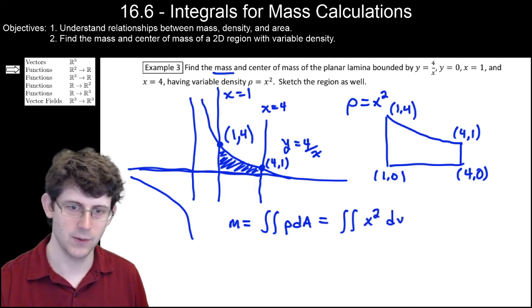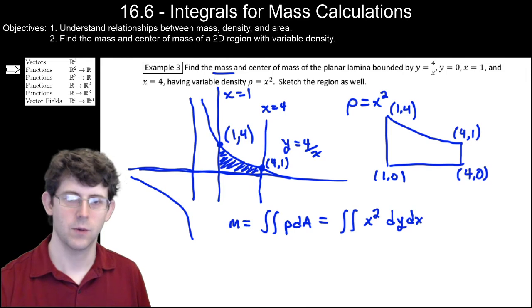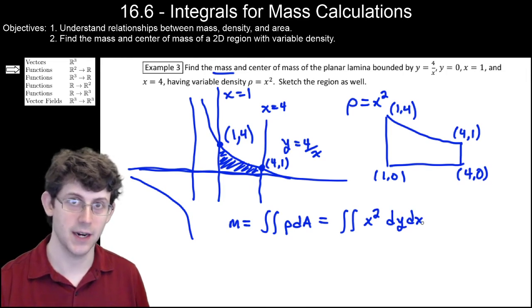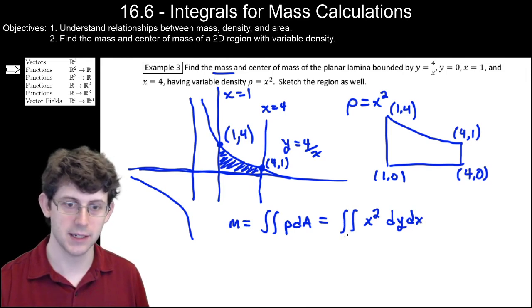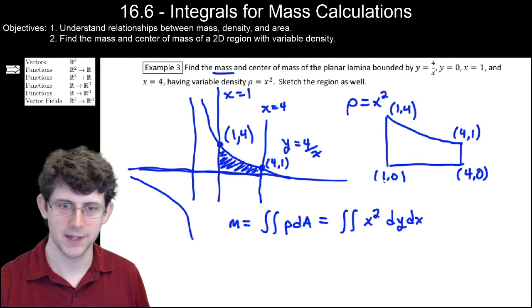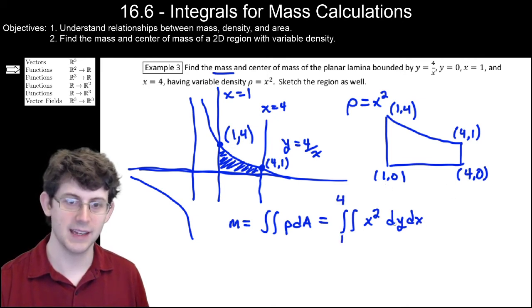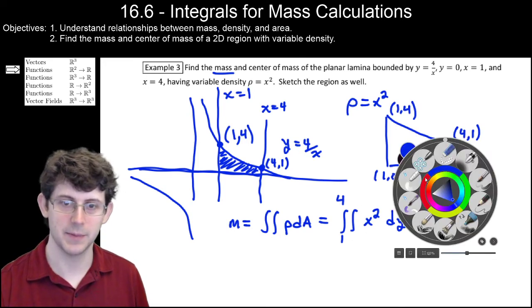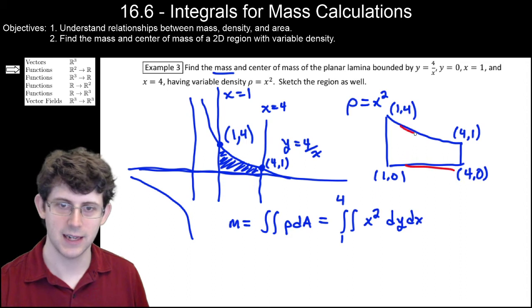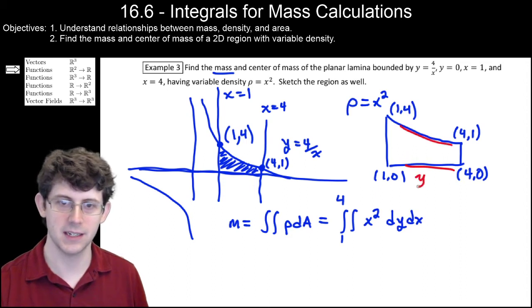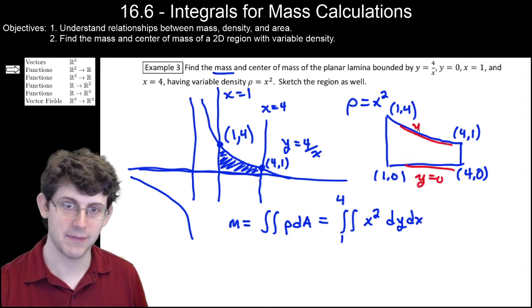Whatever I have as the outermost variable, I just give it numbers. So the x's go from 1 to 4. And then the inner integral bounds can depend on x, and that will be our bottom function and our top function. The bottom function is y equals 0, and the top function is y equals 4 over x.